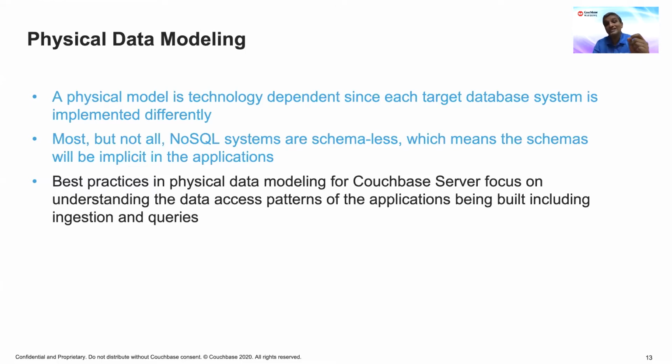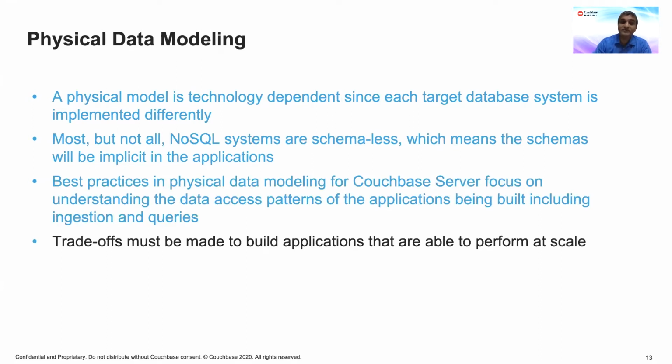How are you going to ingest data to Couchbase? How are you going to retrieve data out of Couchbase? What is the flow of your application? Remember, it can change your data model or can impact your data model. Right? So various trade-offs must be built into the applications if you want to perform at scale. We're going to talk a little later about what the various trade-offs are that you're going to encounter.